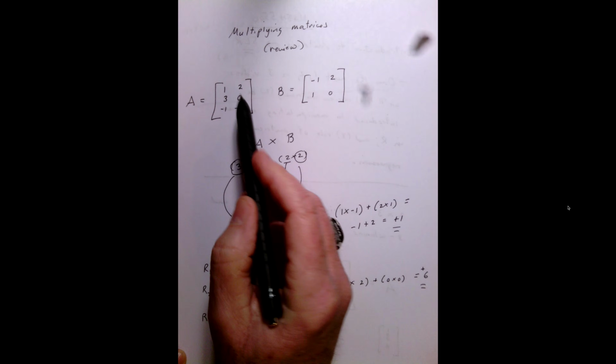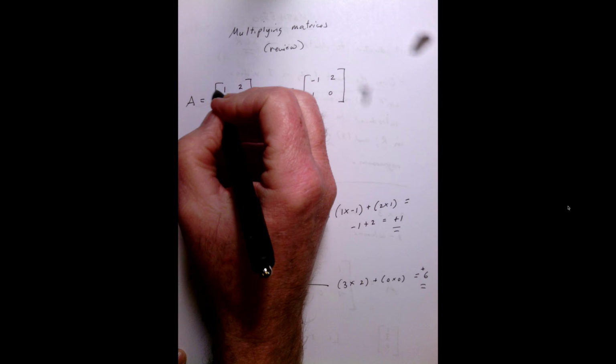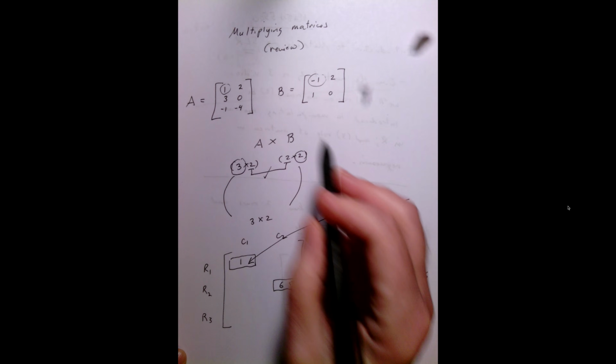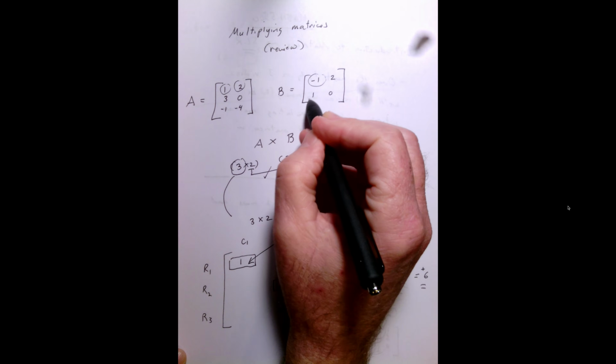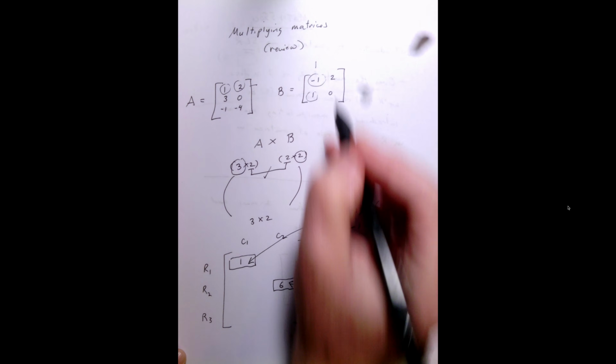Now, the way I create these entries is, for example, this entry right here, I'm going to take a linear combination of the rows and the columns. So row 1 is 1 and 2, column 1 is negative 1 and 1. I'm going to multiply these two values, and then I'm going to add the product of those two, row 1 with column 1.